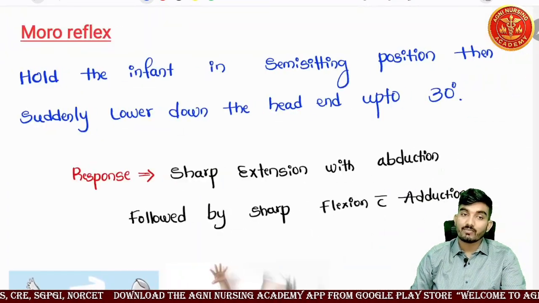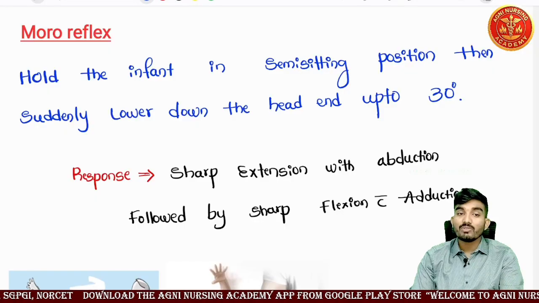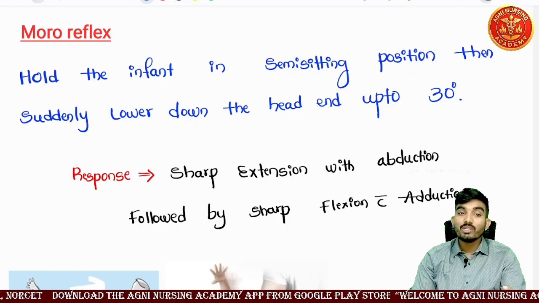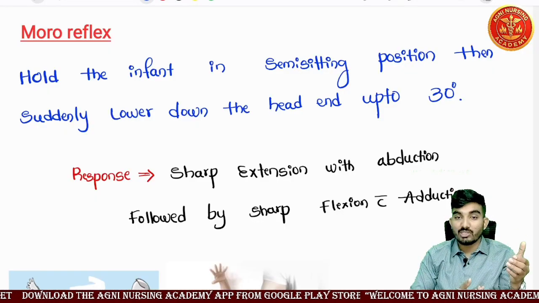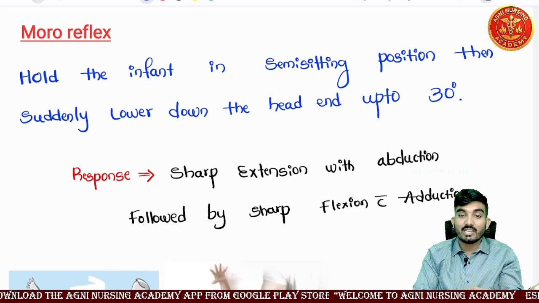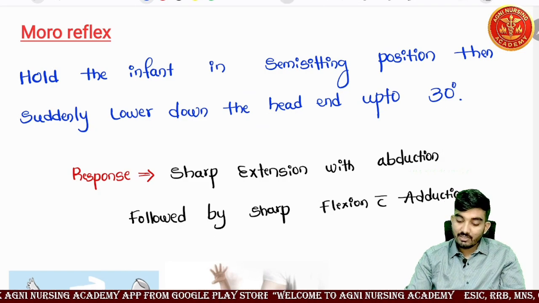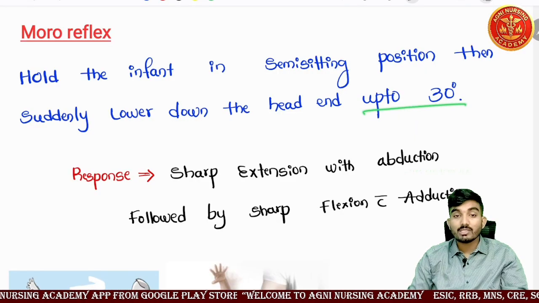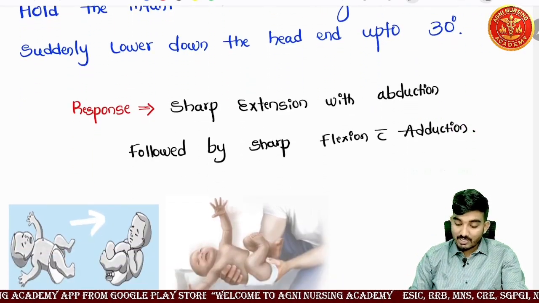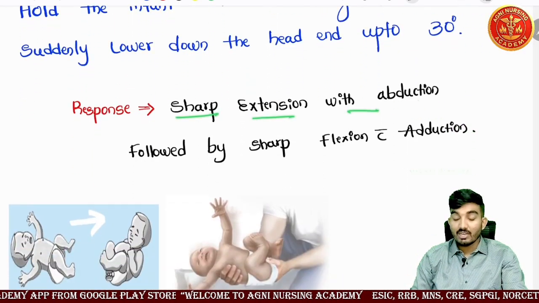Now the Moro reflex. I told you, we hold the child in a semi-sitting position and lower the head of the child up to 30 degrees. That time the response is a sharp extension with abduction.